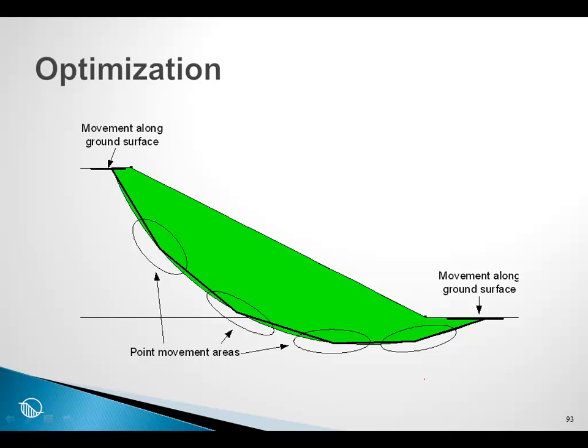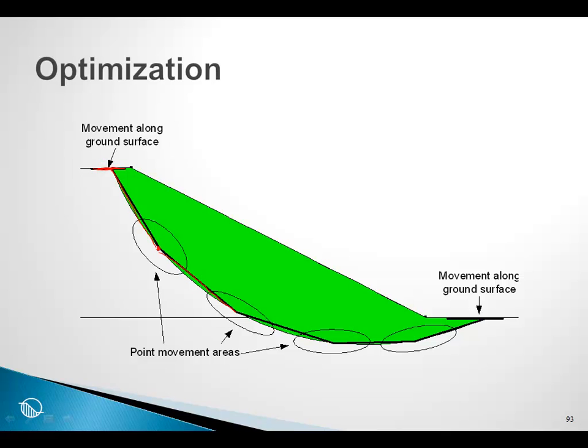Once a critical position of a trial slip surface has been found, then the trial slip surface is divided into some line segments, and SLOPE/W then moves the entrance point laterally until a potentially smaller factor of safety is found.